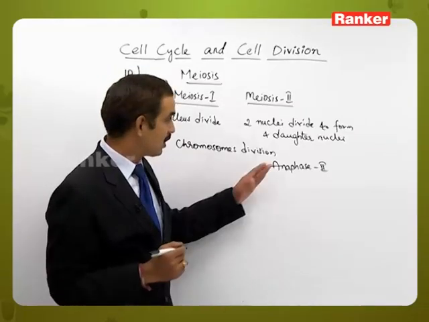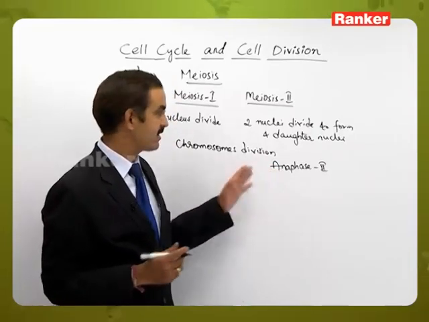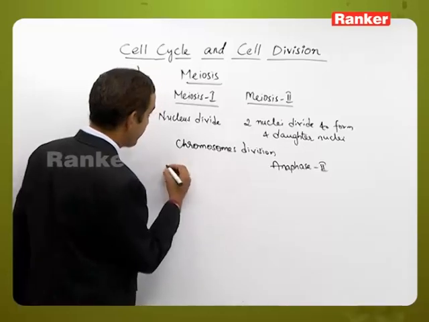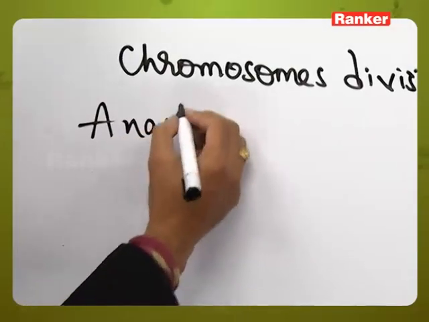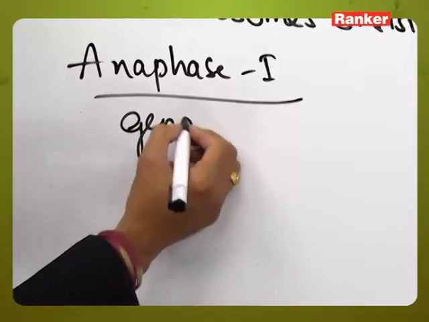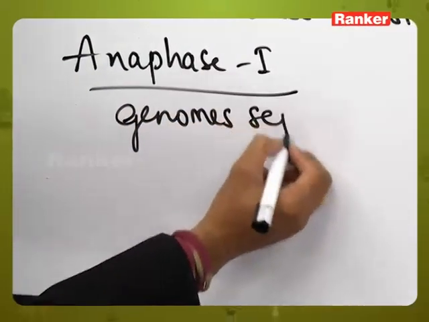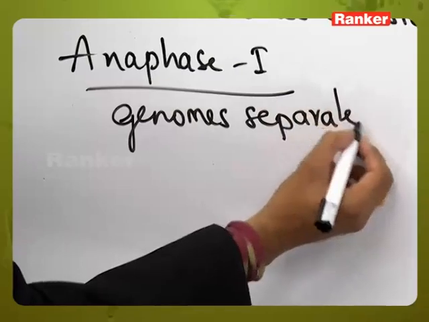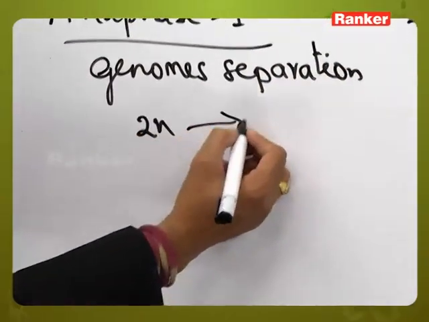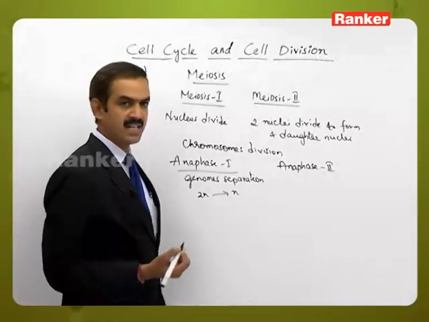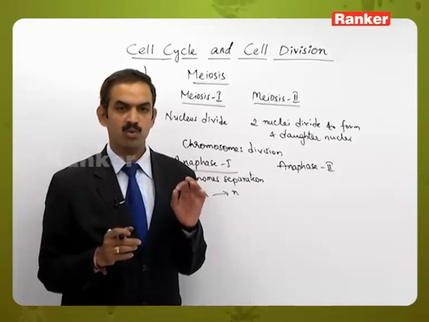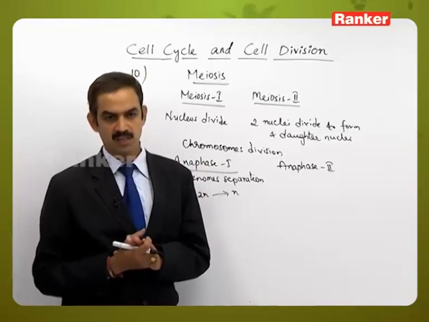So we can say the daughter chromosomes will be formed as a result of the division of the chromosomes during anaphase 2. Whereas in anaphase 1 of meiosis, only the genome separation will occur. If a cell is diploid, the 2n will be converted into n condition during anaphase. So the chromosomes are not divided, which means the chromosomes will divide only once during the meiotic phase.